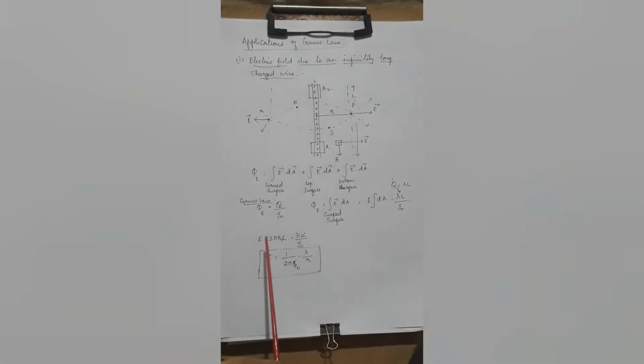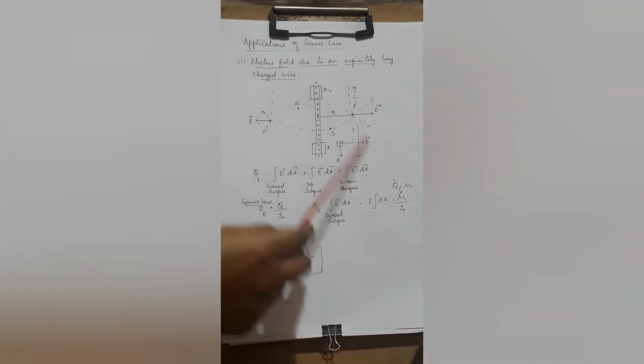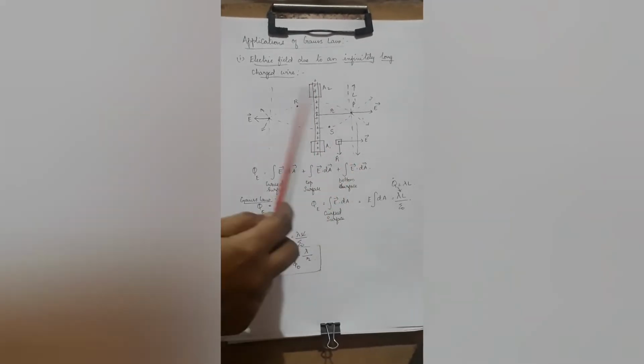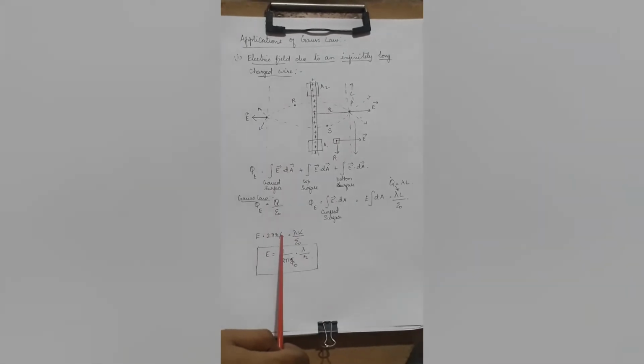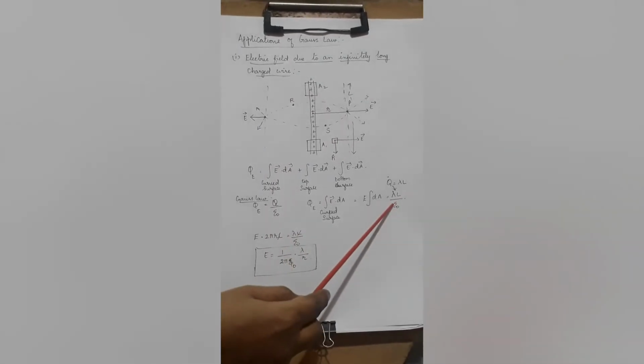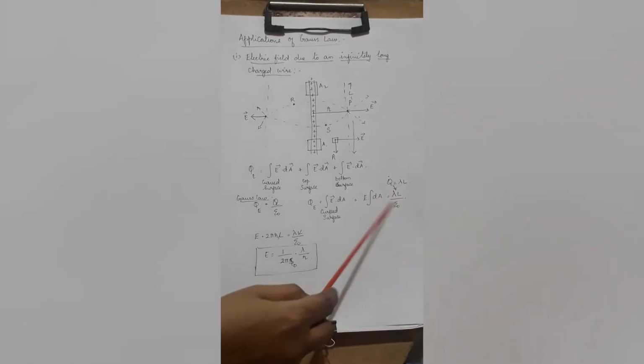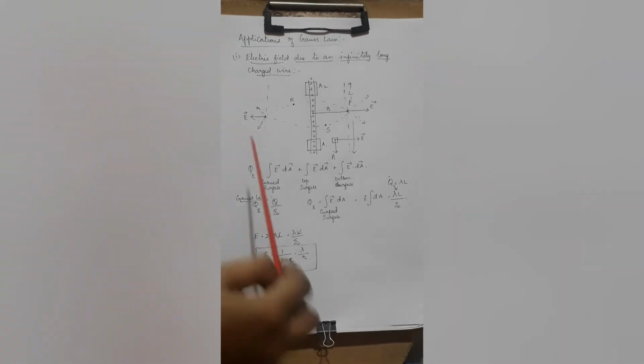So now I can equate both, because E dot dA, where dA is nothing but the surface area of the cylinder, not the rod, is 2 pi RL, which will be equal to lambda into L by epsilon naught. Equate both, L will get cancelled, and at last E is equal to 1 by 2 pi epsilon naught into lambda by R. This will be the electric field.